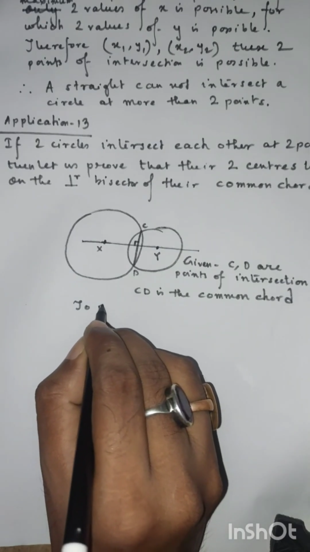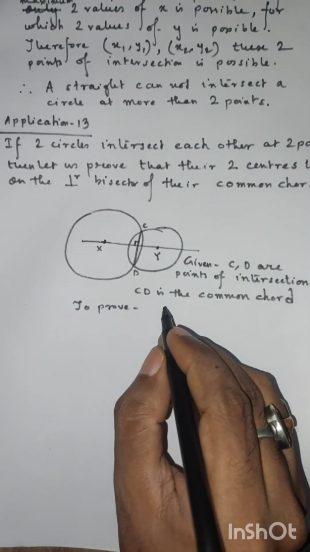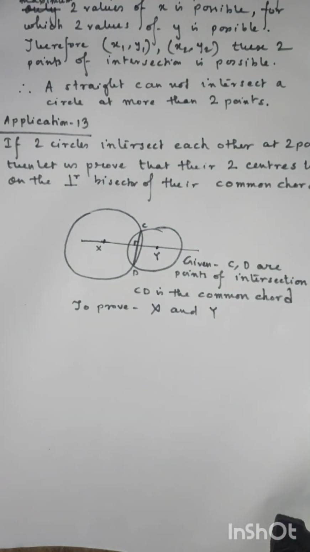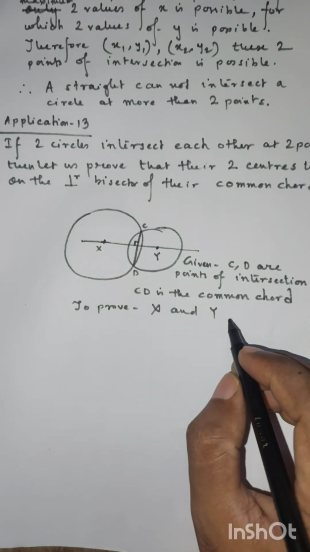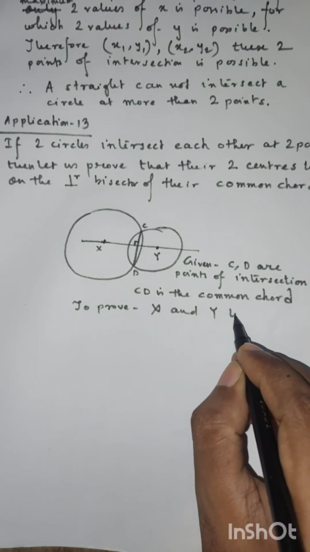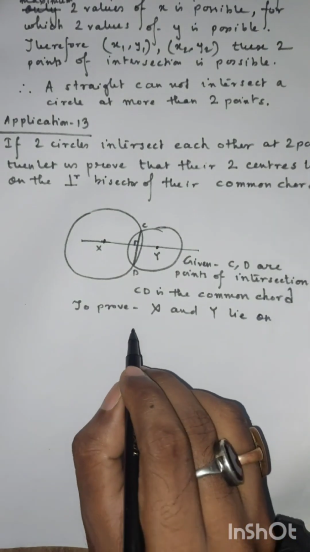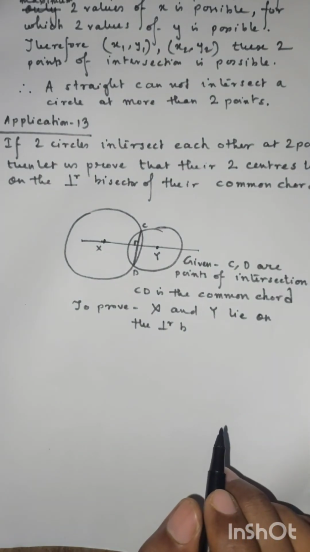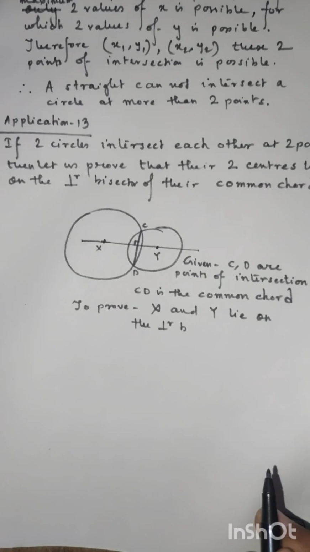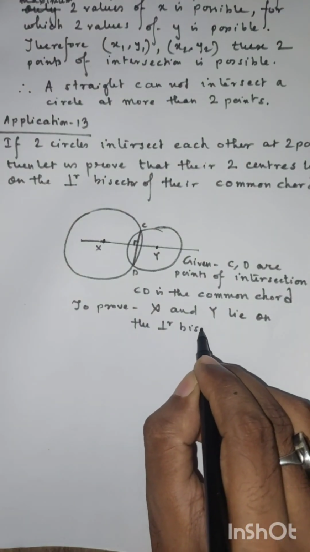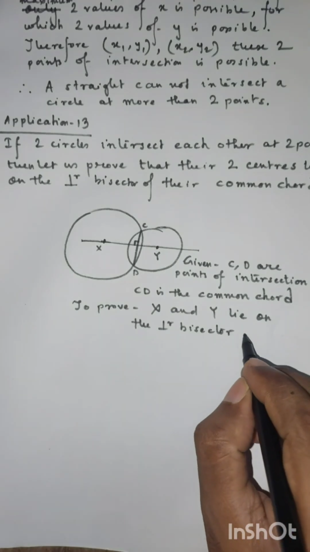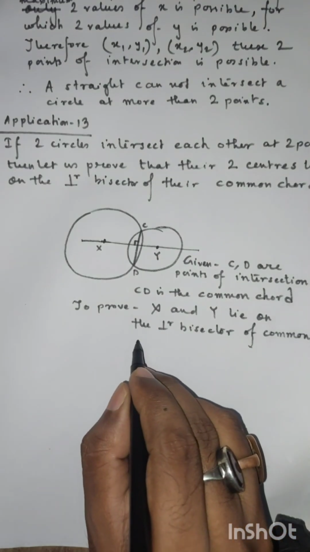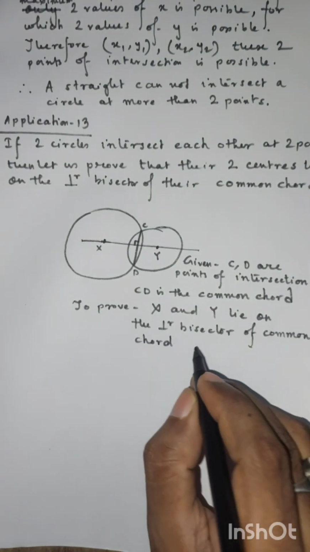To prove: x and y lie on the perpendicular bisector of common chord CD.